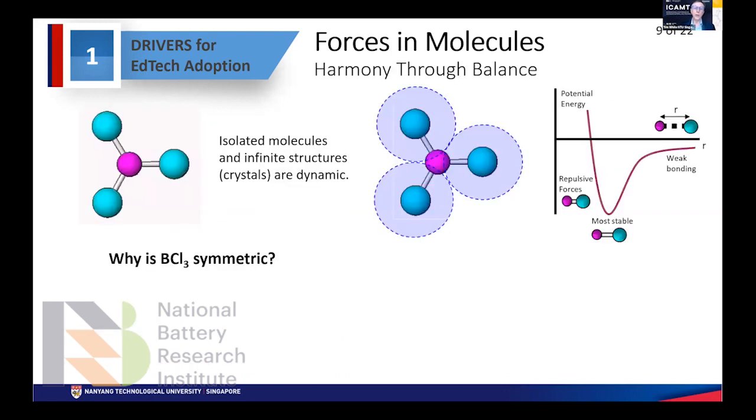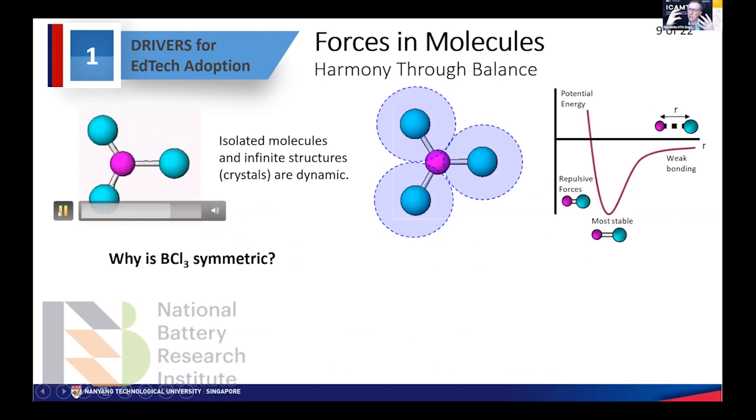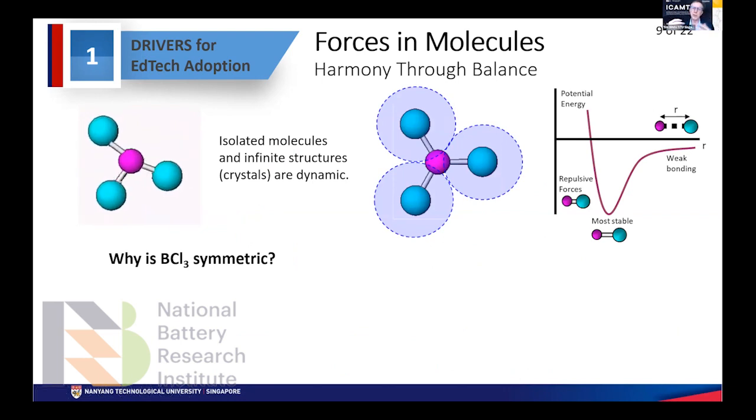So we can start then to look a little bit more deeply about the general concept of symmetry and how it relates to function of materials. Of course, we always have to emphasize to the students that crystals and molecules are dynamic. So what you're looking at when you talk about bond lengths, bond angles is the time averaged properties.